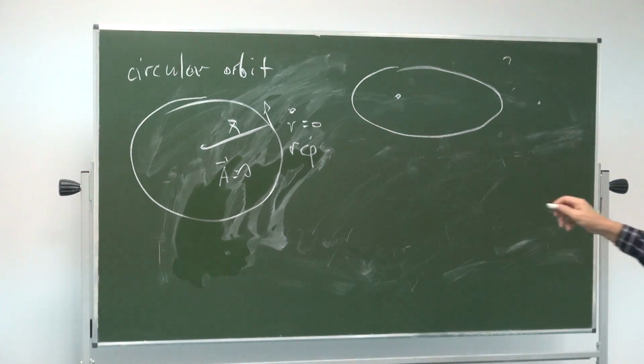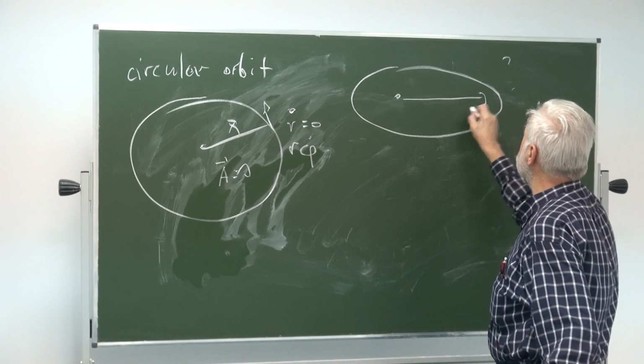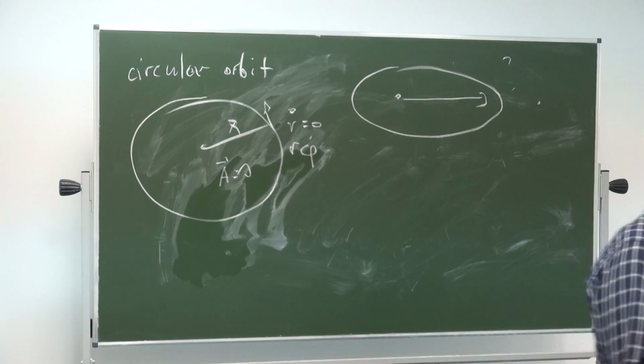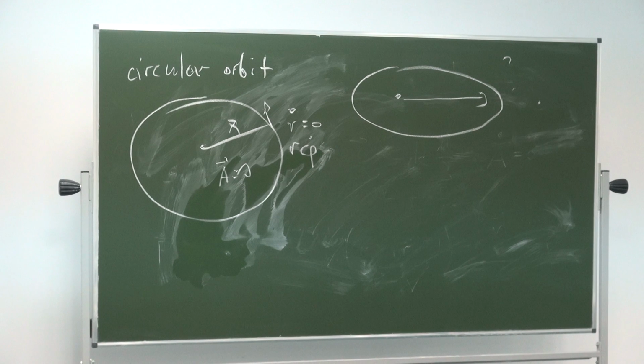And one can easily check that actually it defines the axis. So it's a constant of motion which is telling you about the position of the ellipse in the plane perpendicular to the angular momentum. Thus, it is of course orthogonal to L, which is quite nice.